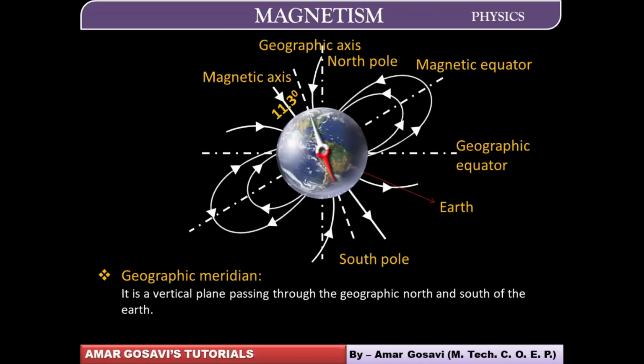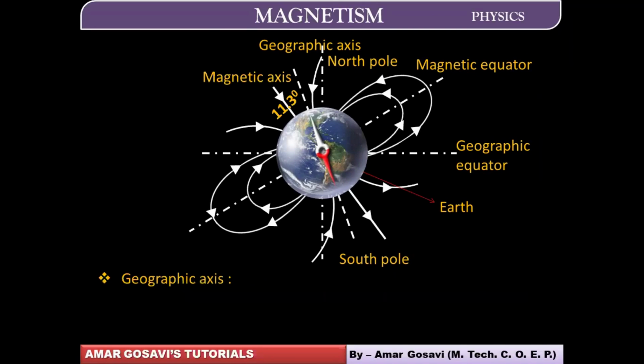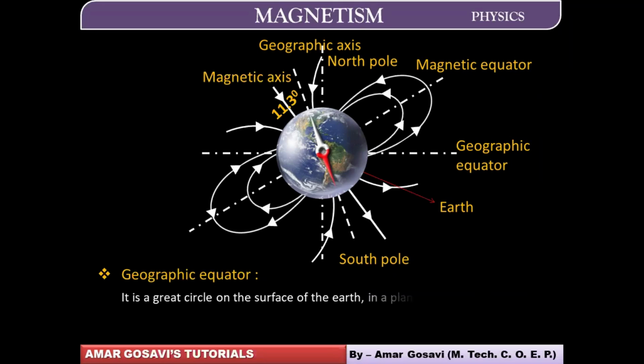It's a vertical plane passing through the geographic north and south of Earth. Then the geographic axis is a line joining geographic north and south, or in simple words, the line about which the Earth spins or rotates. And the geographic equator, in simple words, is a great circle on the surface of Earth in a plane perpendicular to the geographic axis, as shown in the figure.